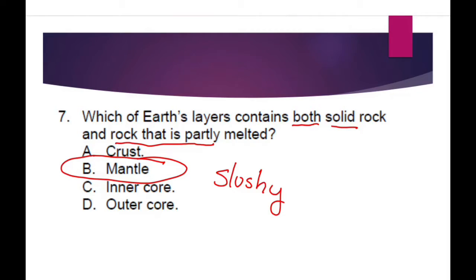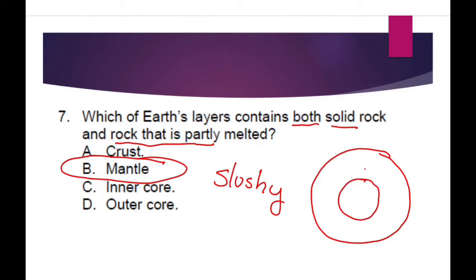If you look at the Earth here, we've got the crust, and then we've got the mantle, and the outer core and the inner core. So here's the mantle here, and the crust is on the outside, then the outer core and the inner core. The part that's partly melted, partly solid is the mantle.